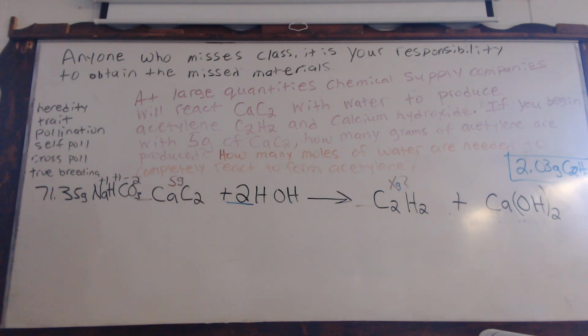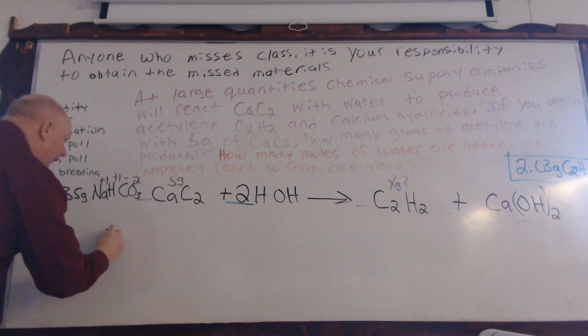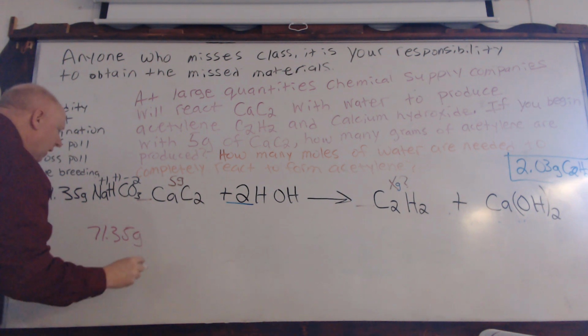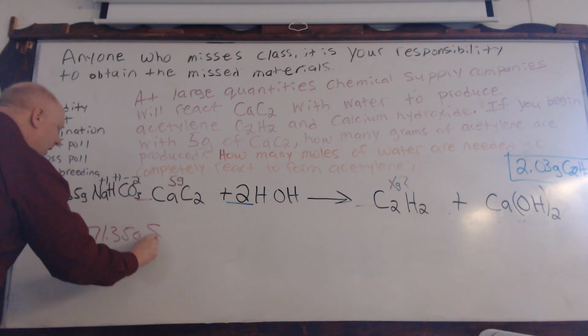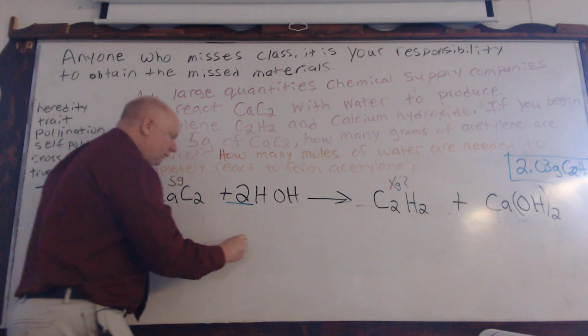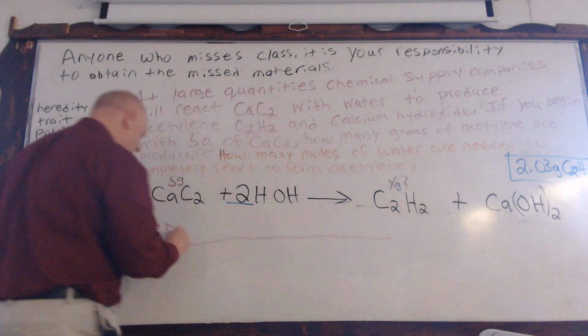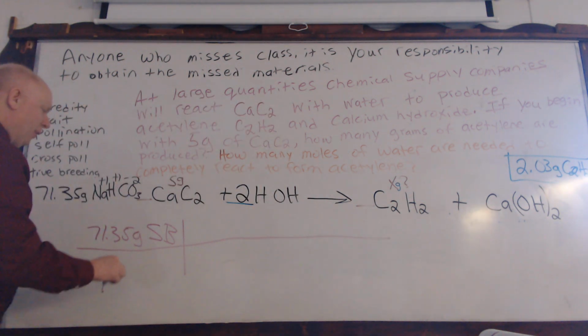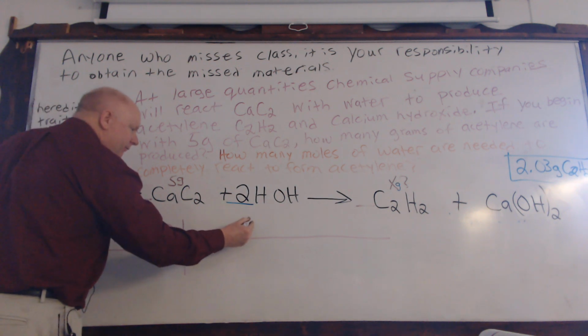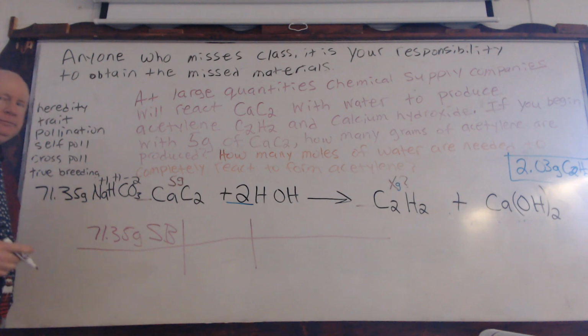So if you're starting with 71.35 grams, we're going to say sodium bicarbonate because we got the formula right here. We have grams of sodium bicarbonate. How do we get rid of that in our next step? 48. Yeah.